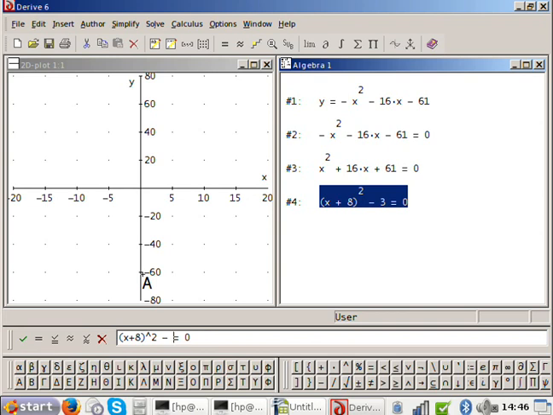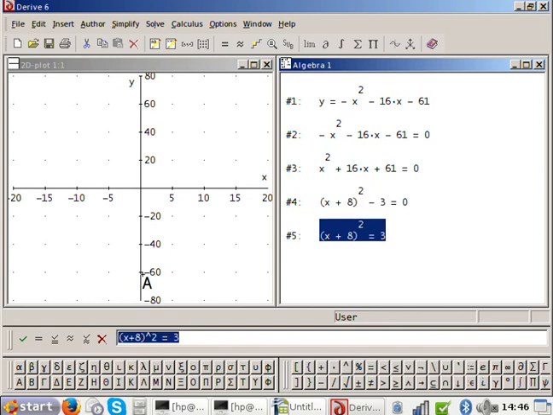Okay? So I have x plus 8 squared equals 3. Now this is why we have no factors, because if I square root, I don't get a nice square root, I get something ugly. I get square root 3. Where's my plus minus symbol gone? Here it is.